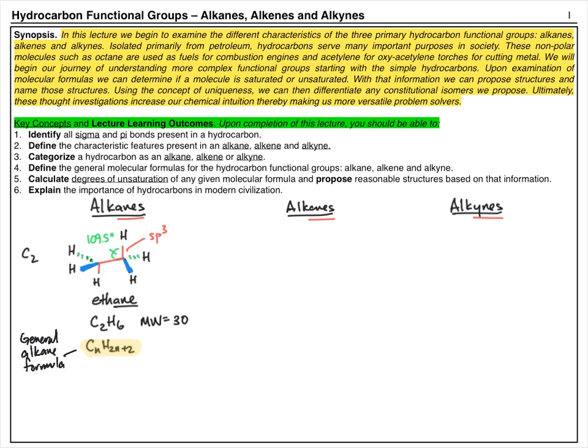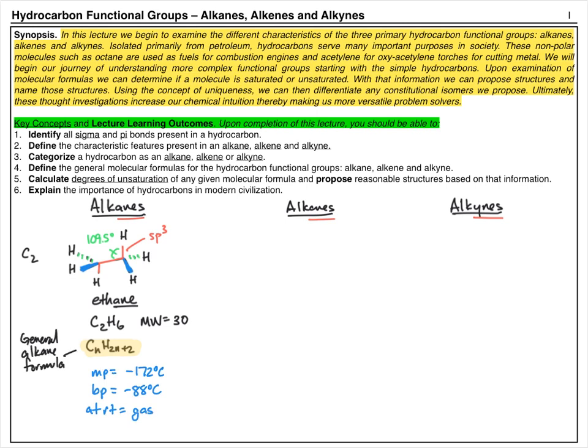Just to show some physical properties of ethane, the melting point is equal to negative 172 degrees, and the boiling point is equal to negative 88. So at room temperature, this is a gas.